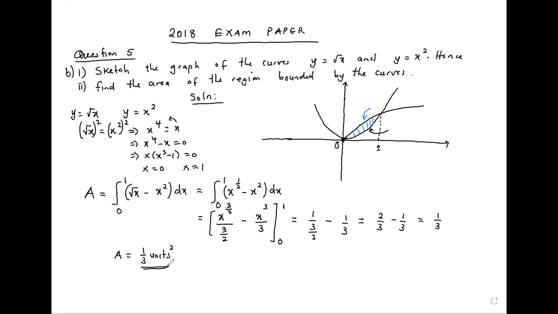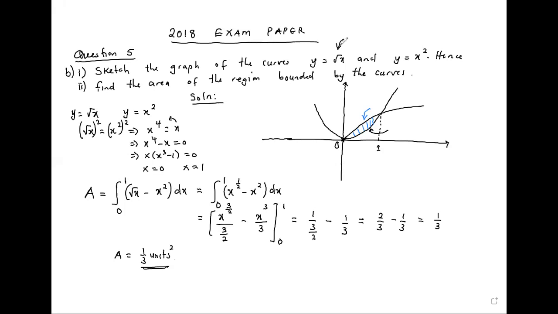X squared is a quadratic sketch. And since it's positive, it's facing up. And it is 0 when x is 0. And then root x, we call this a radical function, which has its own family.